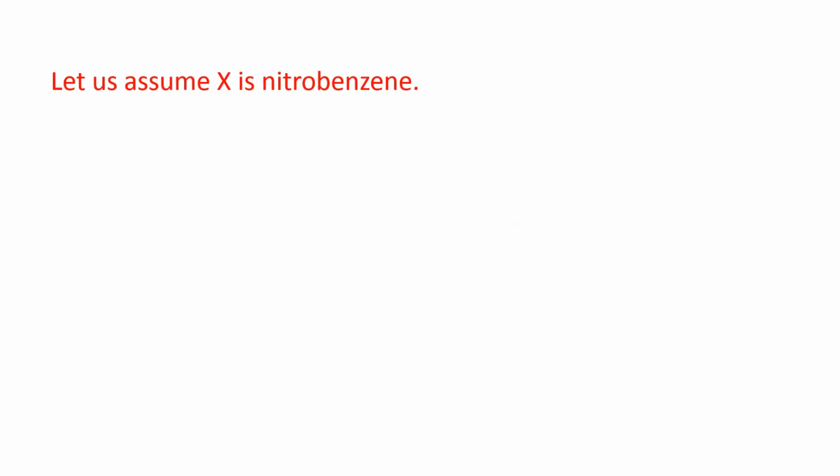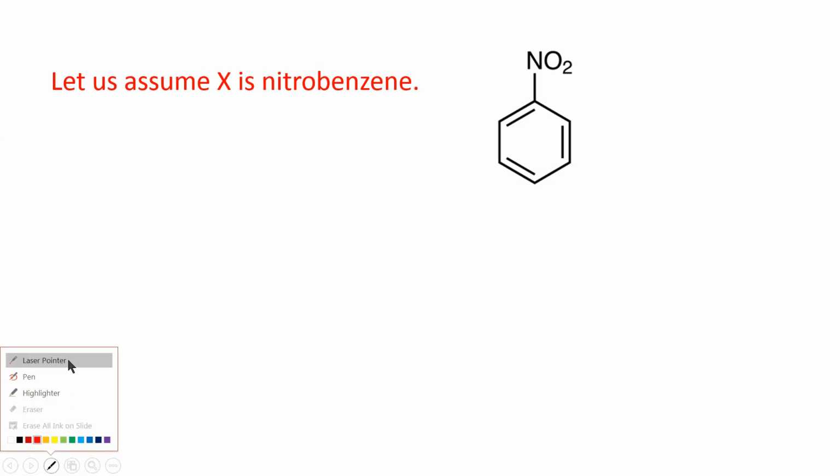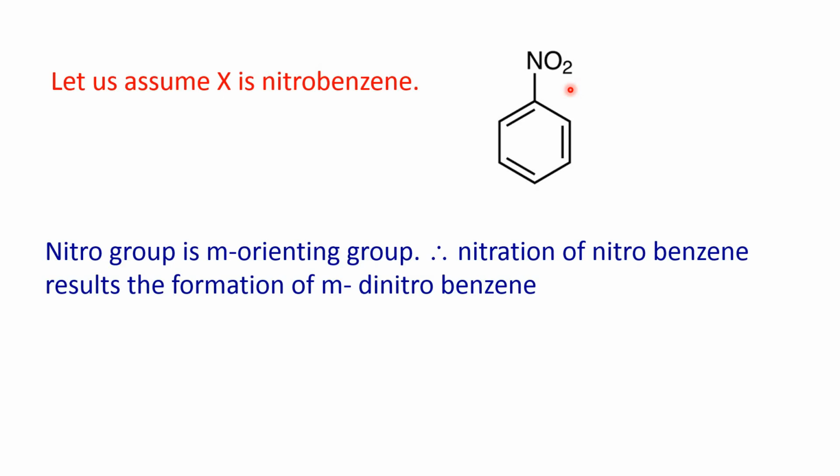Now, let us assume X is nitrobenzene. Now, we verify whether it is correct or not. So, this is nitrobenzene. That means this nitro group or NO2 group is attached to this benzene ring. Now, second clue was this nitro group.